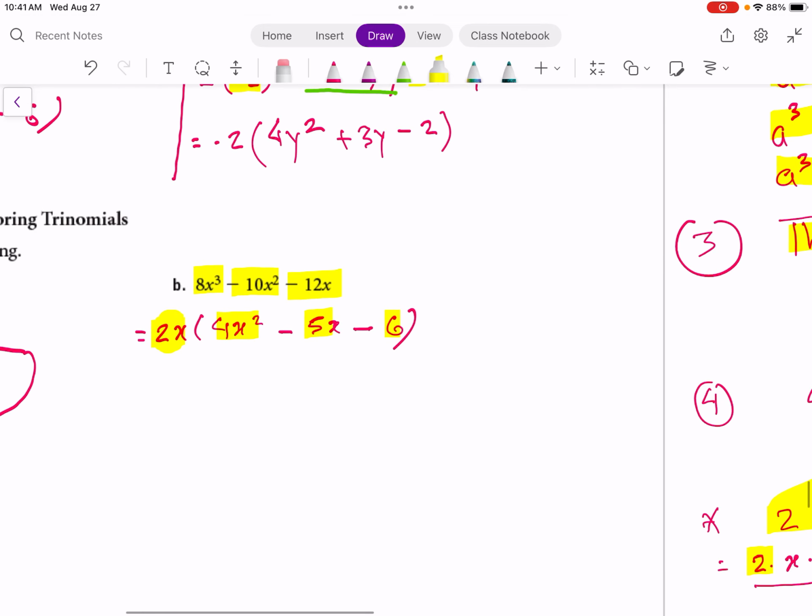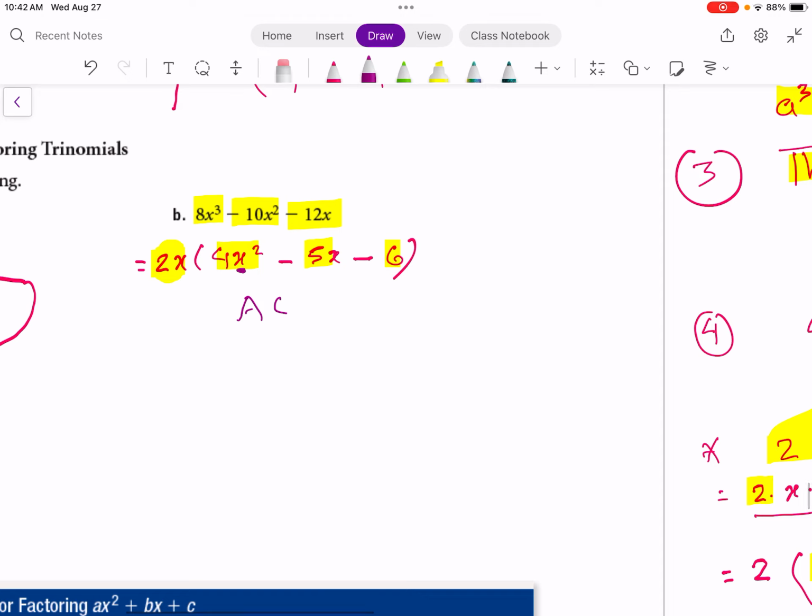In our case, what is the coefficient of the squared term? 4, right? So what number do we have in front of x squared? We have 4. And if the coefficient of the squared term is not 1, we use the AC method.